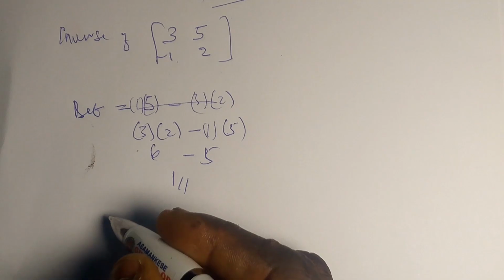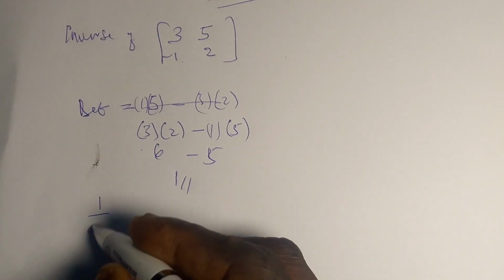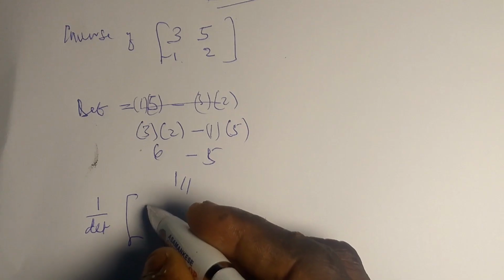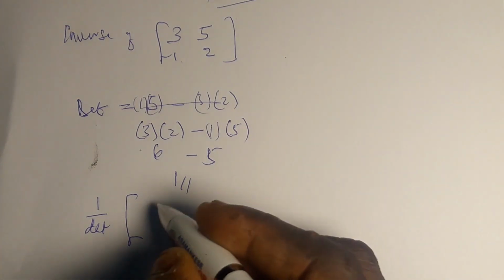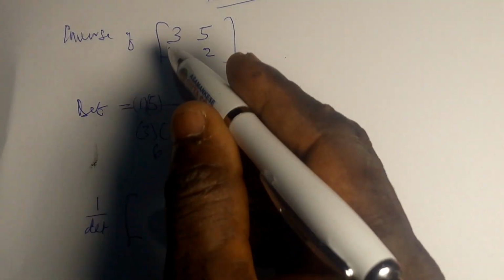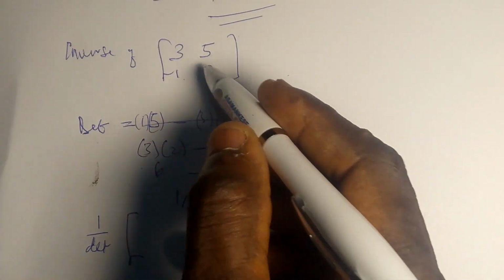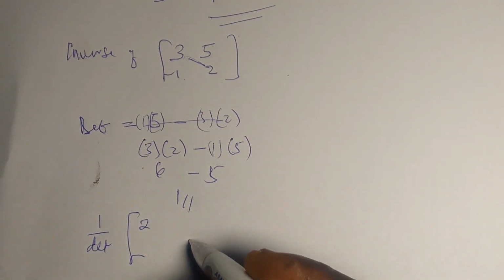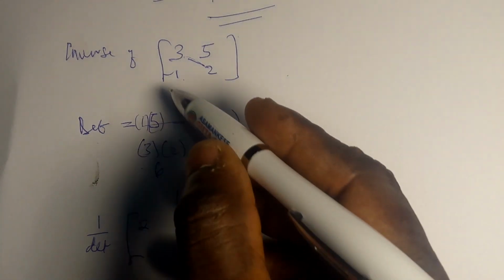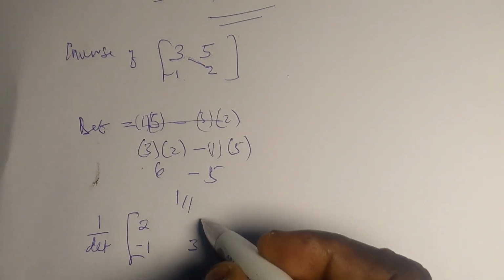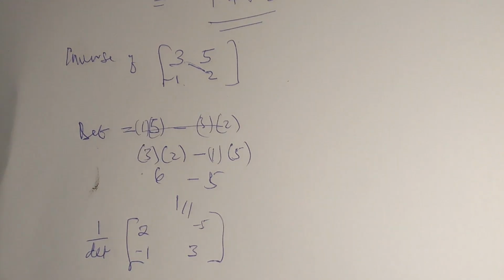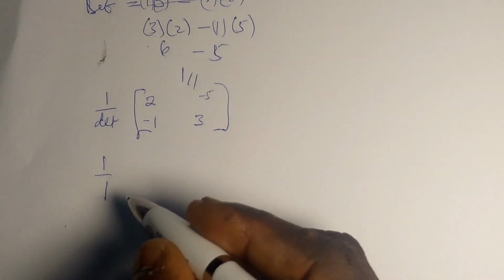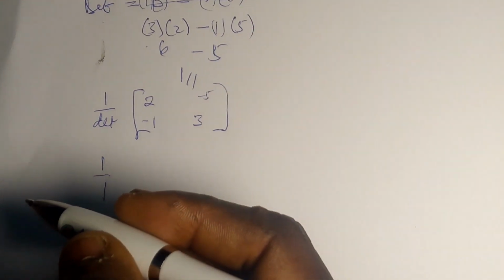Now we are going to find the inverse. The inverse is 1 over the determinant, multiplied by the matrix where you swap the diagonal entries and negate the other entries. So 2 and then 3, and then you negate the other side, -1, -5. So now the determinant is 1 over 1.